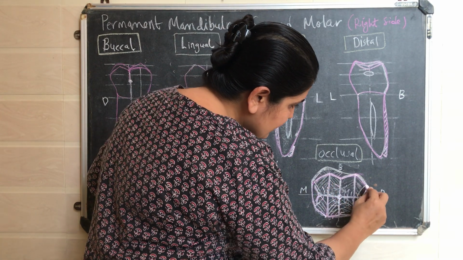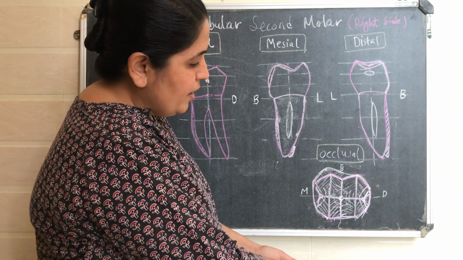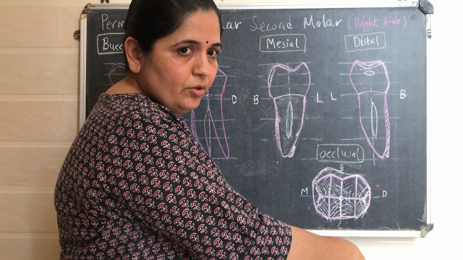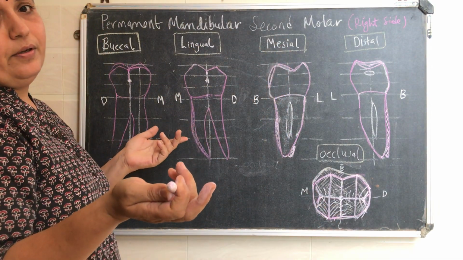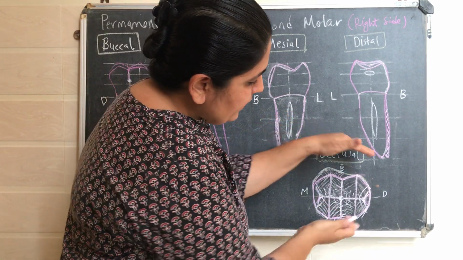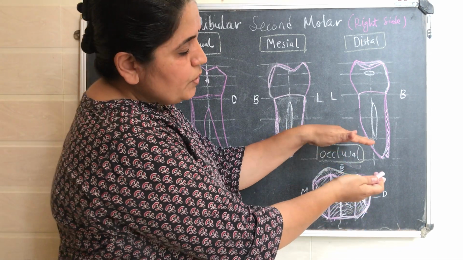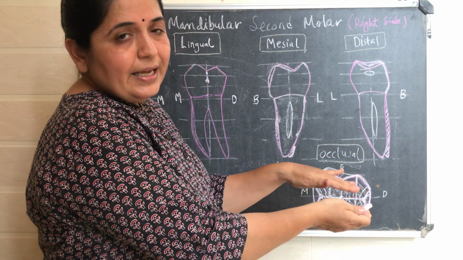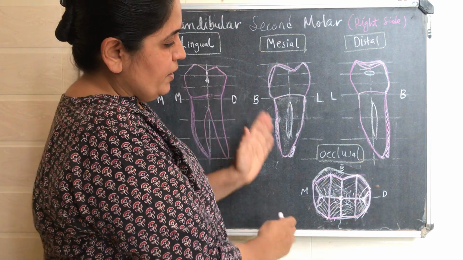The mesial and distal surfaces are inclined towards the lingual side, but their inclination towards the lingual side is less as compared to the first molar. Right? Buccal and lingual surfaces are inclined towards the distal side, but their inclination is more as compared to the first molar.